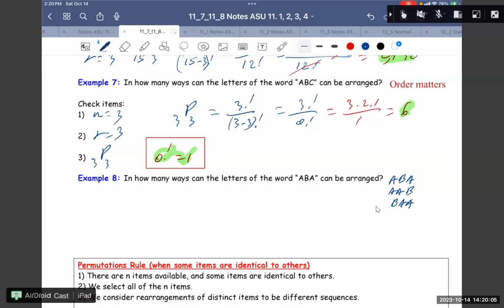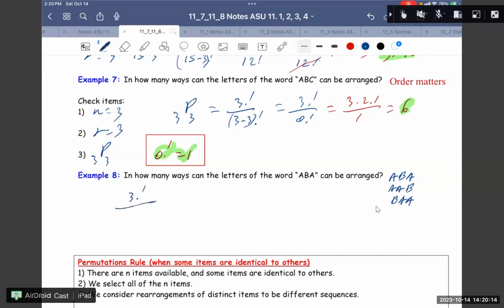So we have 3 factorial over 2 factorial.